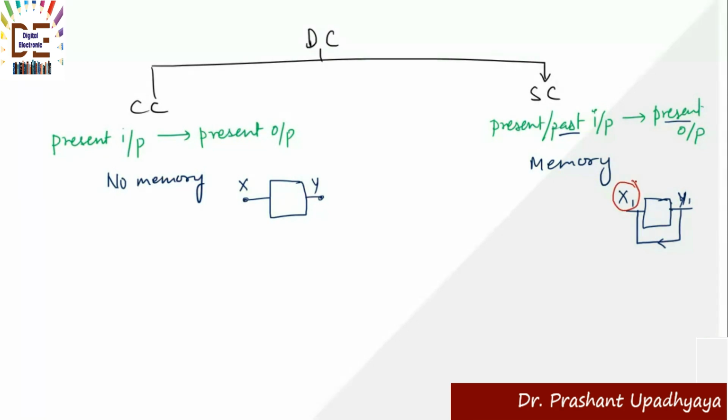So consider this X1 as the first present input, and this Y1 as the present output. When this Y1 comes back here, the present input will become your past, and this output Y1 which comes here will become your present. So there will be a feedback present. Here no feedback, and here feedback is present.